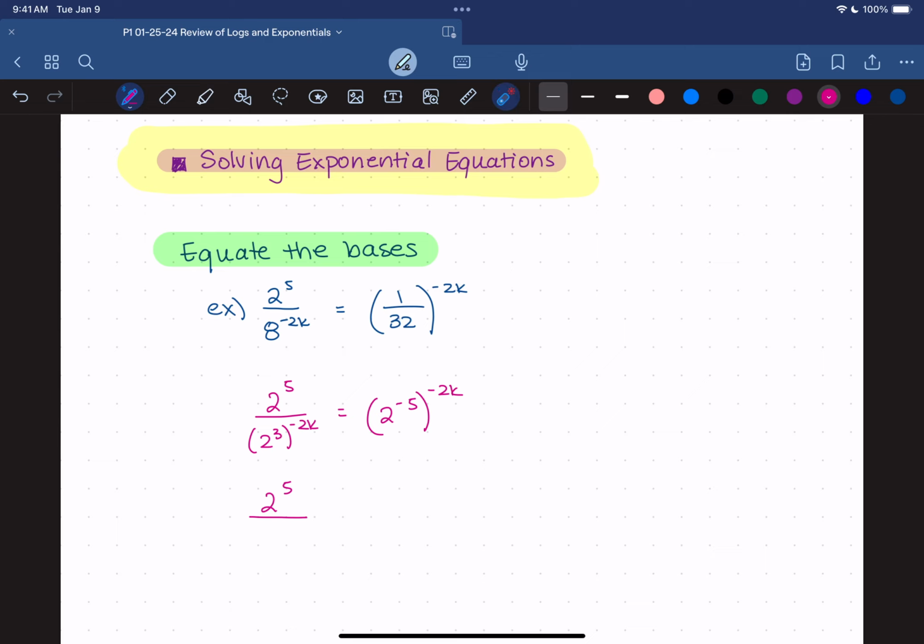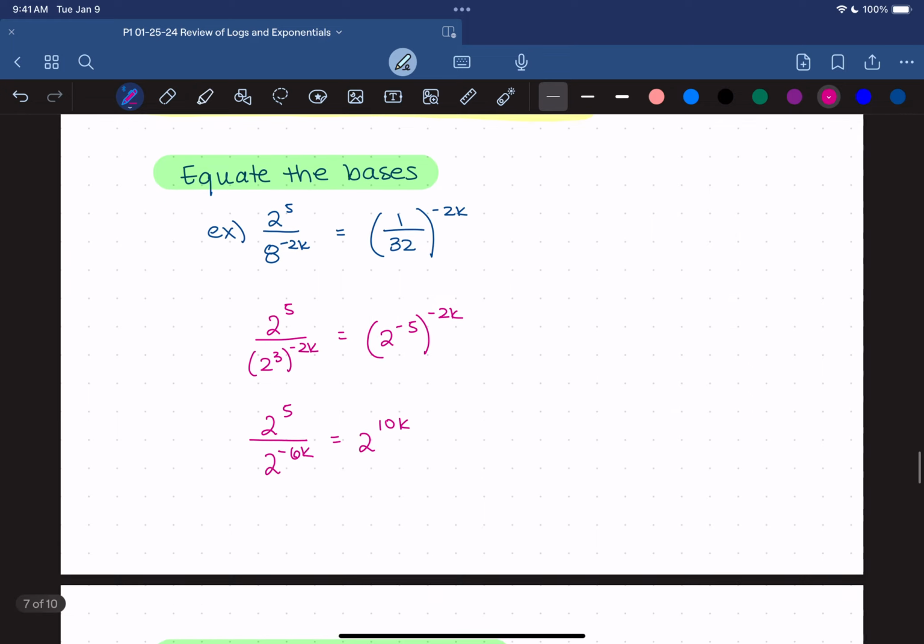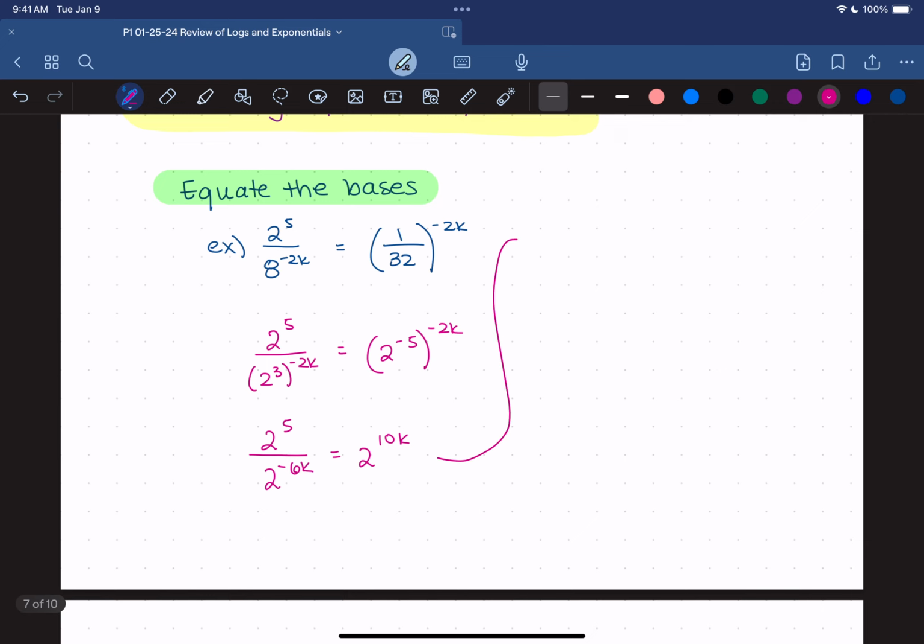So in the denominator here, when you have a power to a power, you can multiply the exponents, and you get 2 to the negative 6k. And same thing here, you have a power to a power, you can multiply the exponents, and you get 2 to the positive 10k. And then we're going to do the same thing, move it over here.